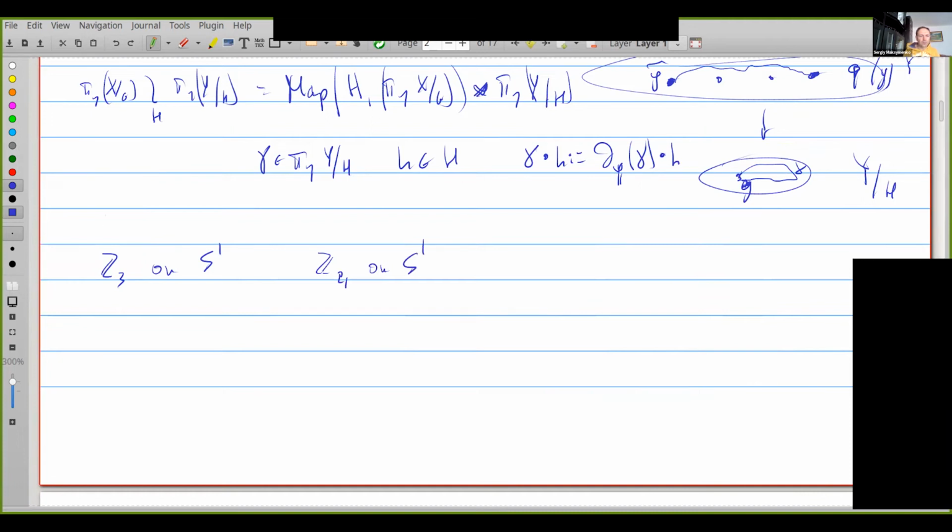So this will be G acting on X, and H acting on Y. And after that, what is the wreath product of G and H? By definition, I need to take Z3 wreath product with Z4, and this group is the set of maps, or I can even take Z3 to the power 4 in a wreath product with Z4.